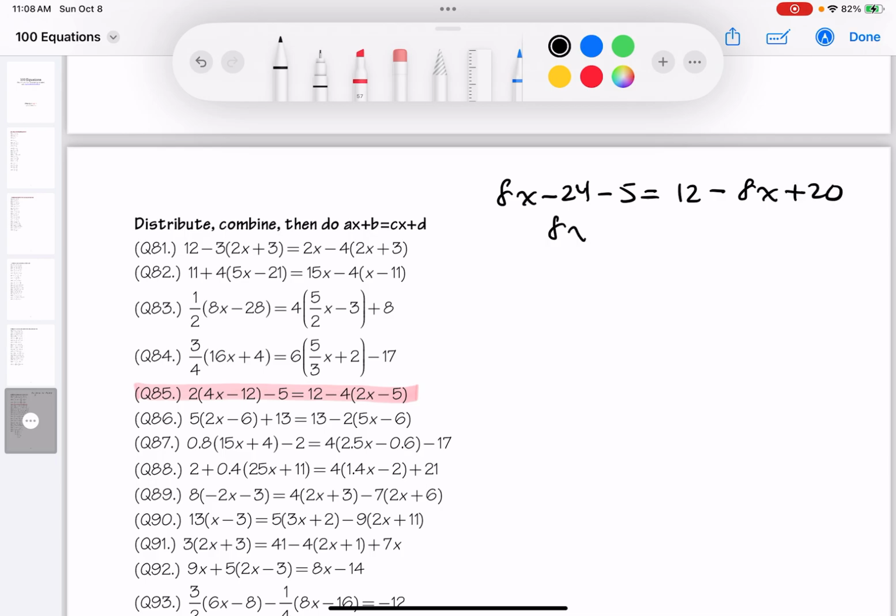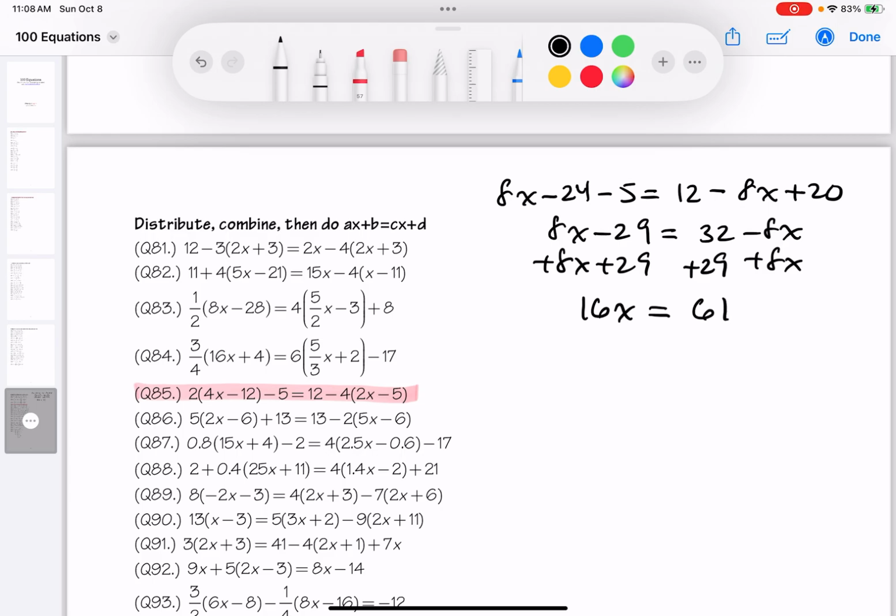What do you get there? 8x minus 29. 12 and 20 is 32 minus 8x. I'm going to add 8x to both sides, and I'm going to add 29 to both sides. What do you get? 16x. And 29 and 32 is going to be 61. All right, what do you get here? X equals 61 over 16.